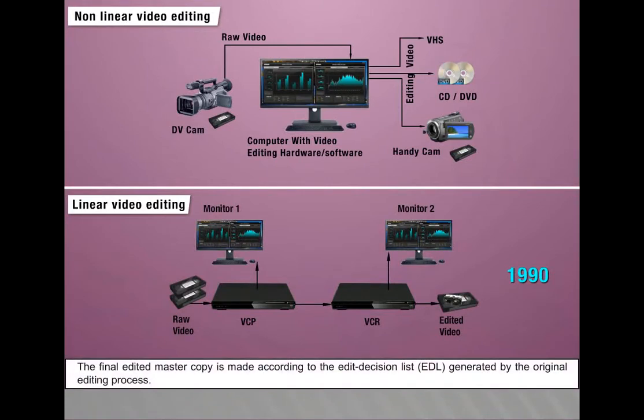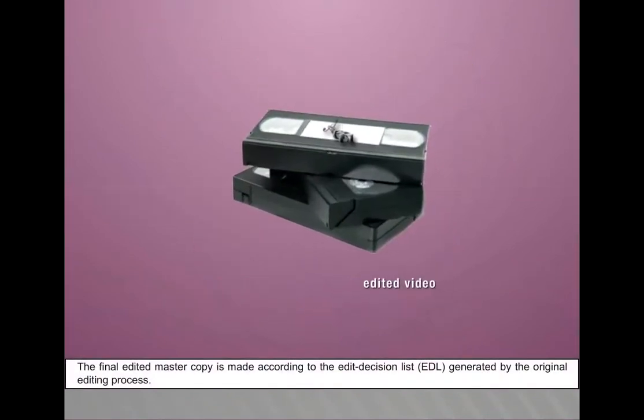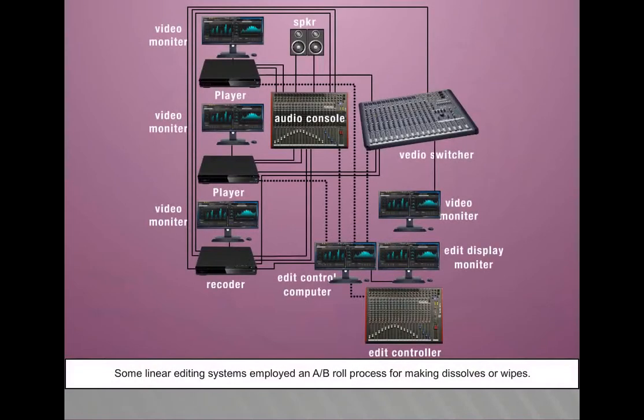The final edited master copy is made according to the edit decision list, that is EDL, generated by the original editing process. Some linear editing systems employed an A by B roll process for making dissolves or wipes.